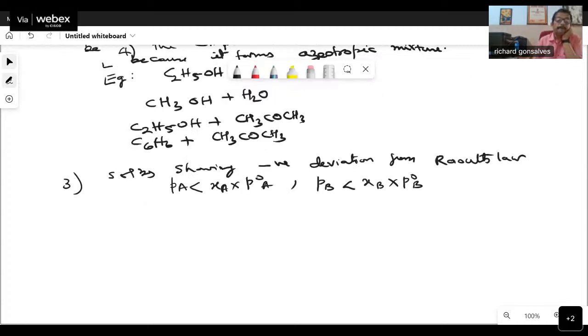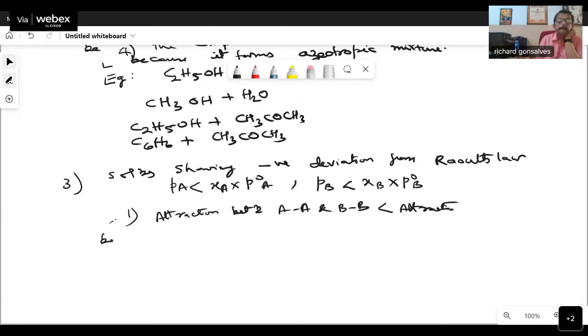Point number one. Attraction between A and B is more than attraction between A and A and between B and B. It means the attraction between the two components is more and the attraction between the individual components is less.